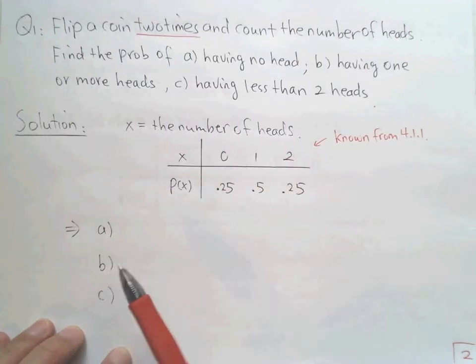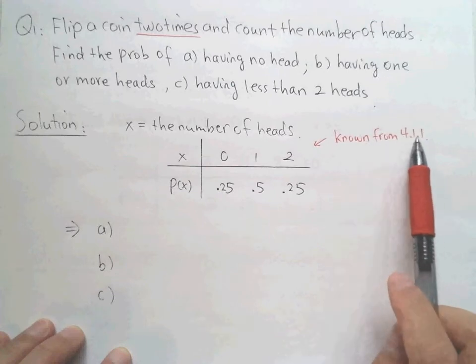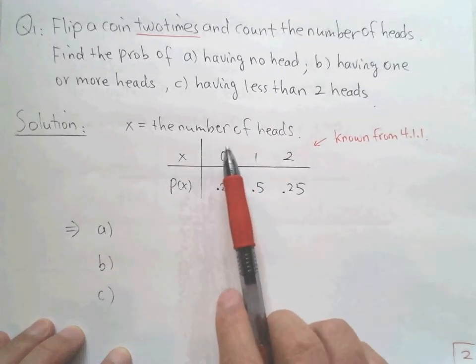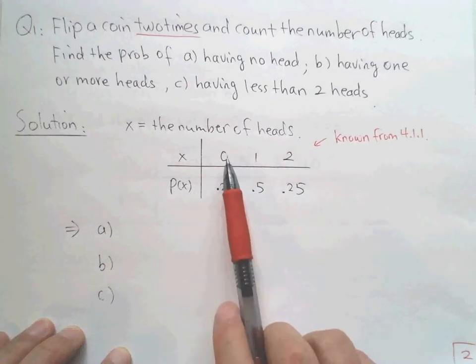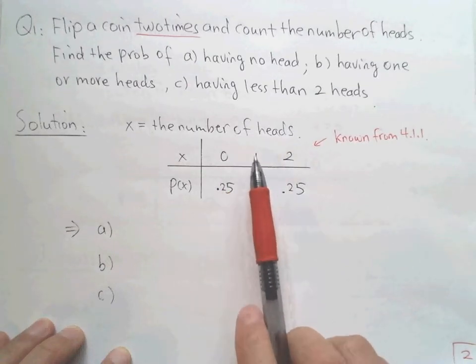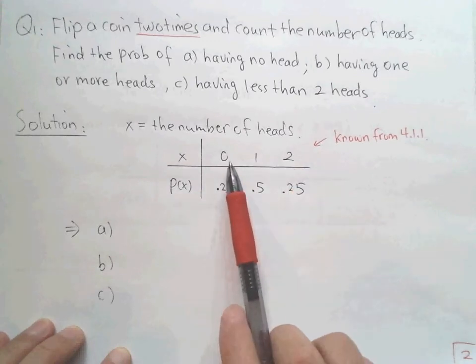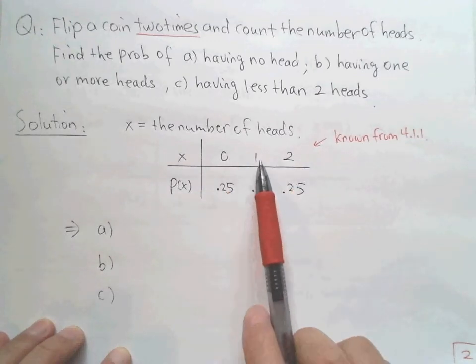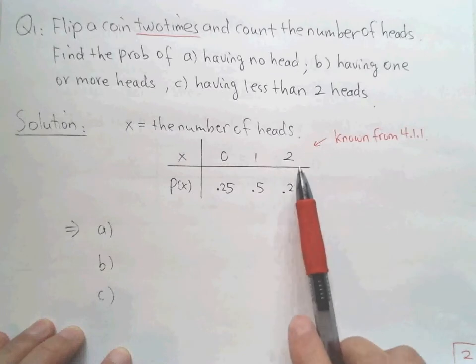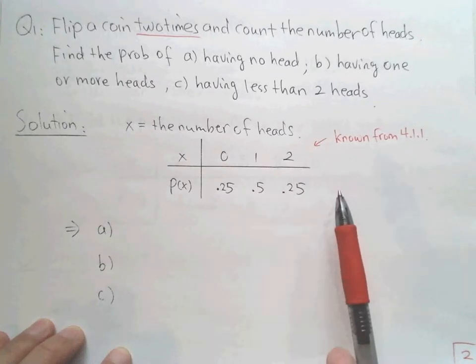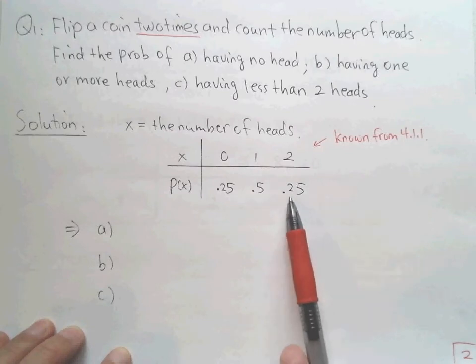From 4.1.1, we already know the distribution: 0 heads, 1 head, or 2 heads. 25% has none, 50% has 1, and 25% has 2 heads. The sum is 1. This is the probability distribution.